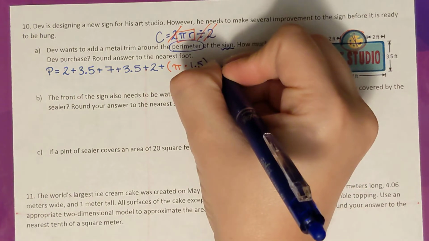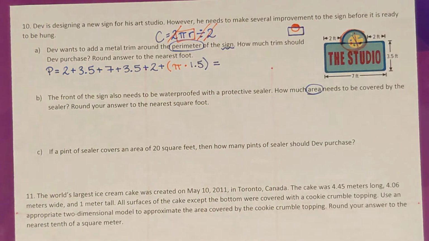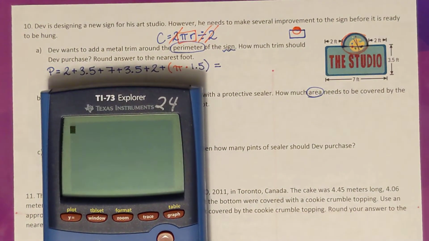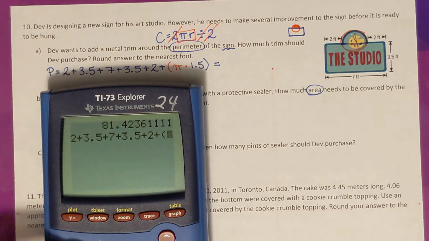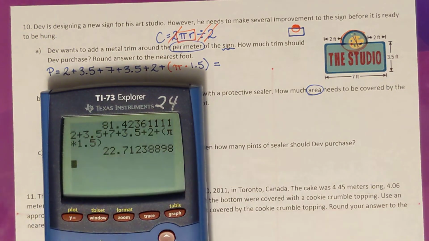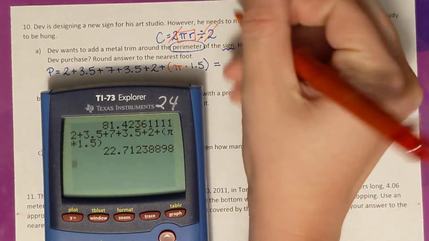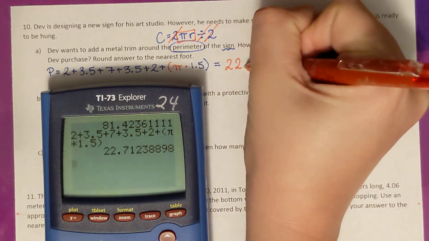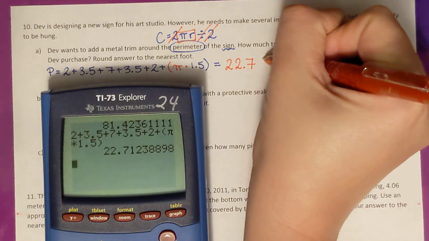Now we're going to put all of that into a calculator. So 2 plus 3.5 plus 7 plus 3.5 plus 2 plus pi times 1.5, and you should get 22.7 feet.